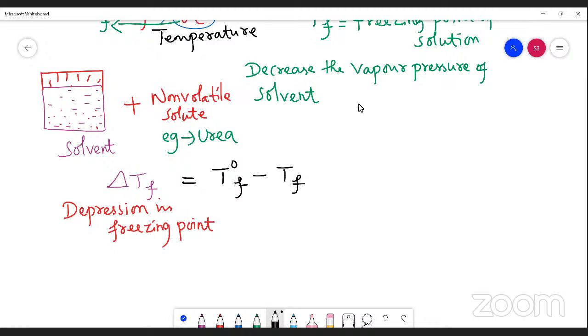This is the formula to find the depression in freezing point. How much the freezing point decreases will be shown by the difference between T naught F minus TF.